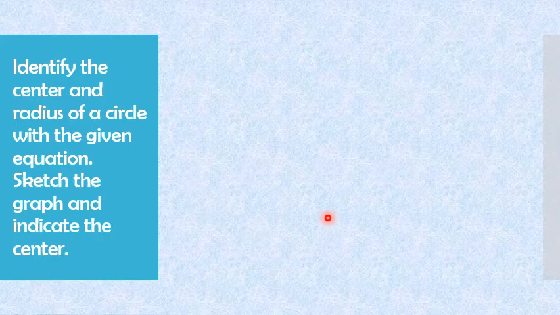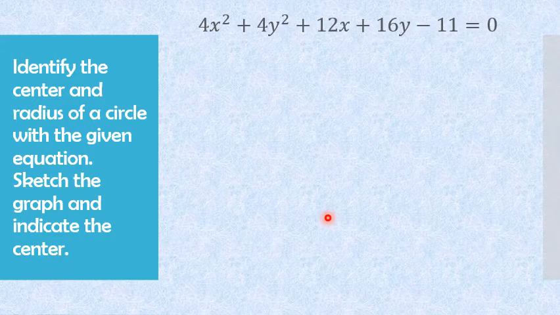The given equation is 4x squared plus 4y squared plus 12x plus 16y minus 11 is equal to 0.